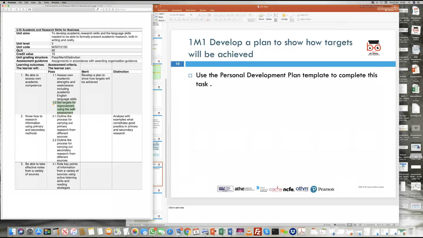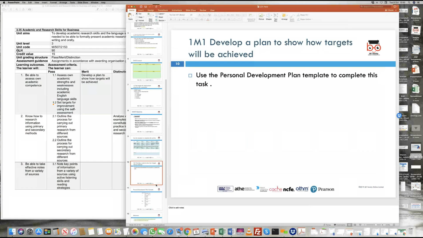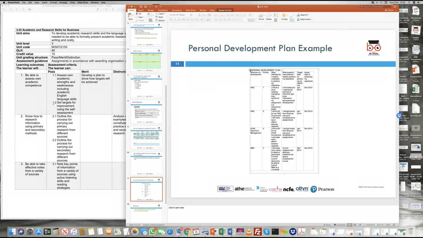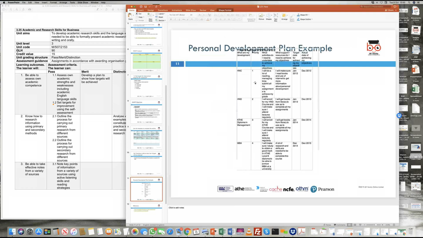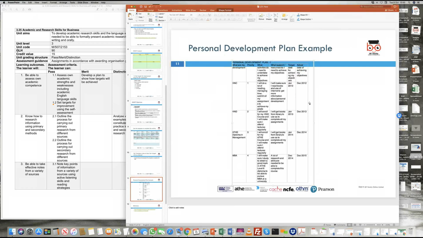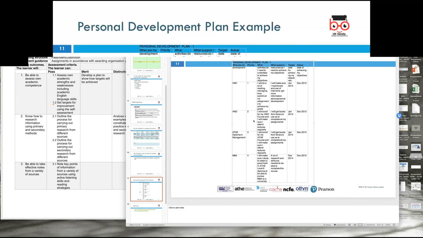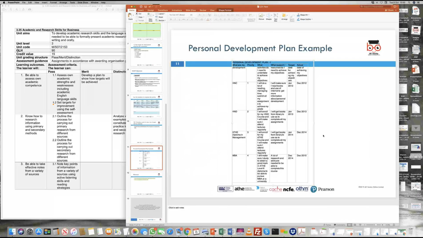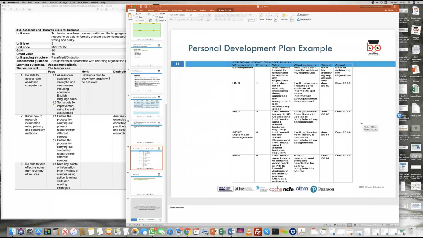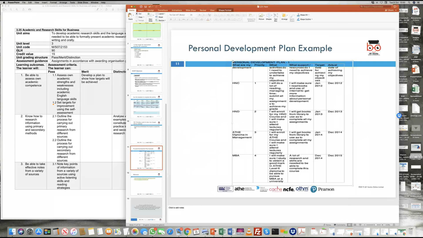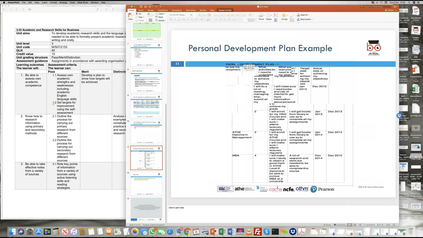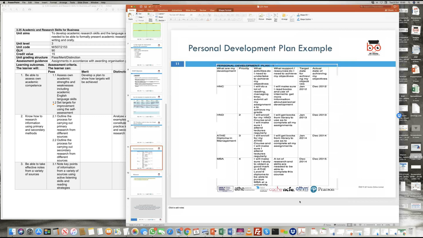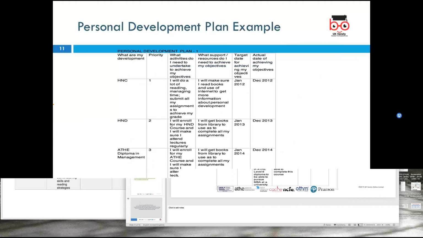And then the last task here talks about, develop a plan to show how you will achieve the target. So here we discussed something called a personal development plan. When you have to look at achieving your target, you have to set some sort of a plan in place. And that plan is called the personal development plan. So you have to create a personal development plan which will essentially define how you will go after achieving your targets.